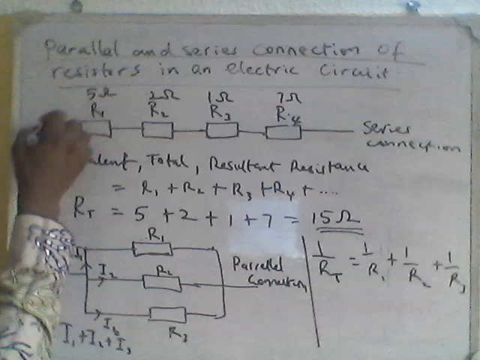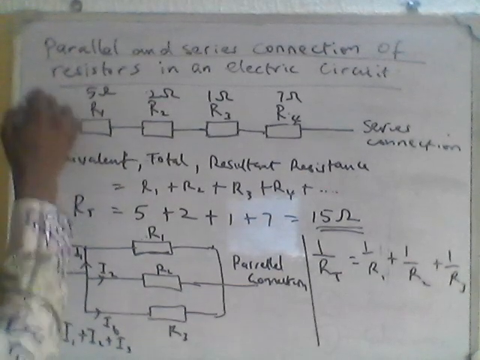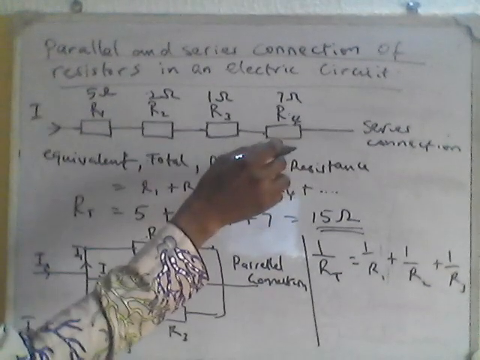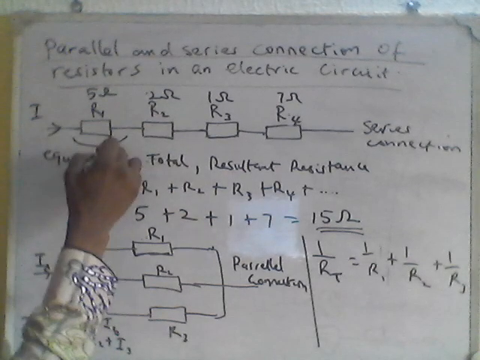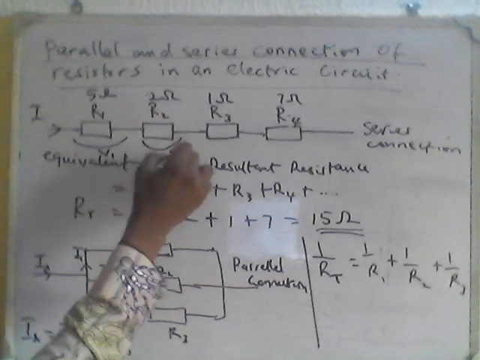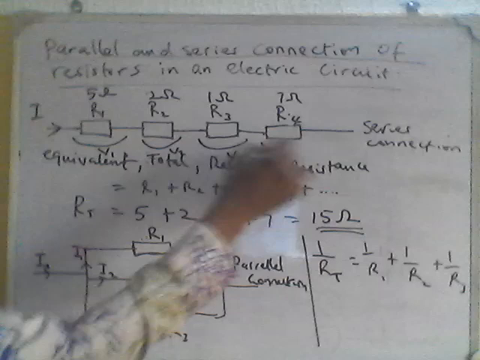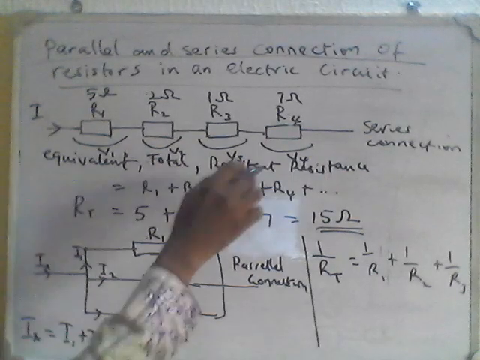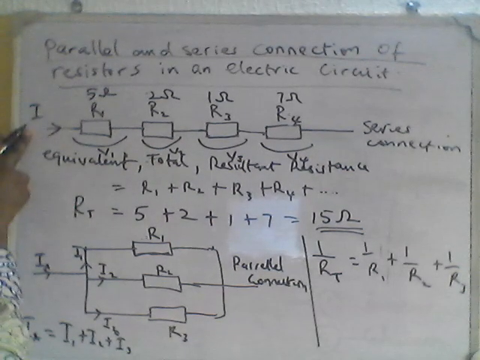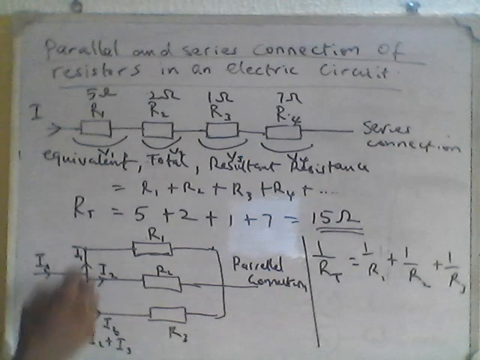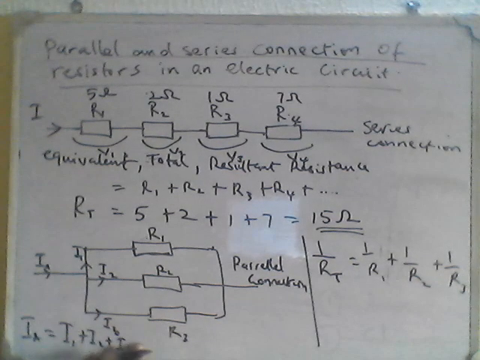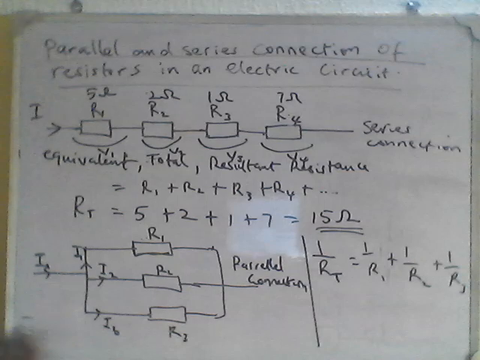So for this situation where you have the series connection, it is the same current that will flow through. But for this case, different voltages, V1, V2, V3, V4. Different voltages, but same current. Here, different current, but same voltage. So I will have something like this. Please pardon me, it's becoming a little bit clumsy.